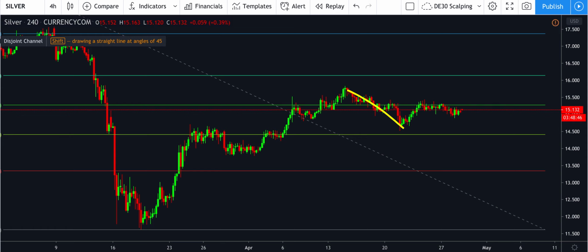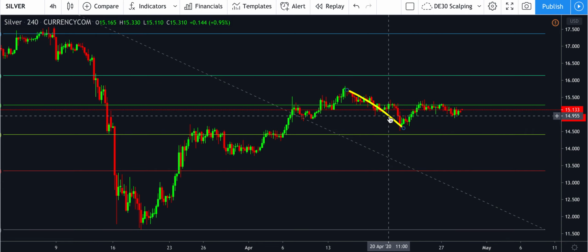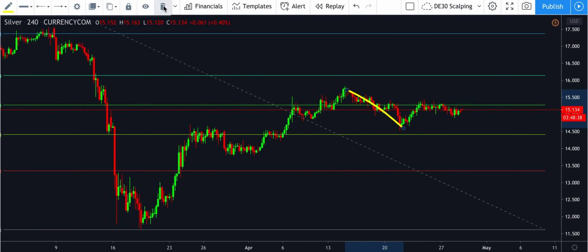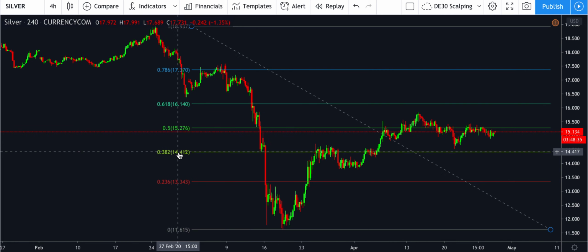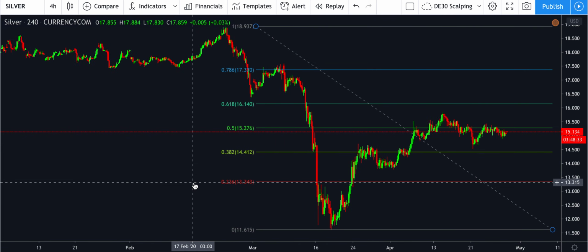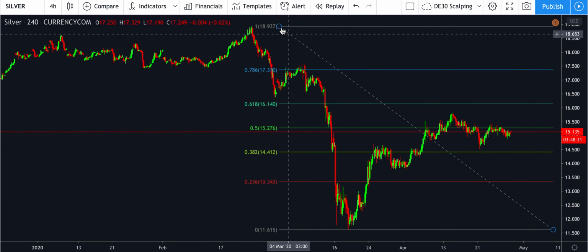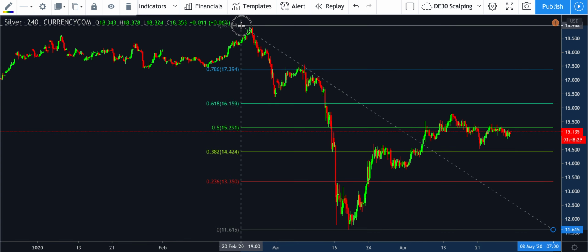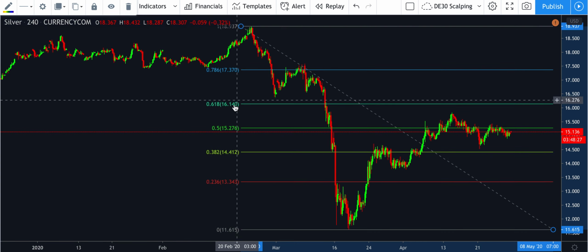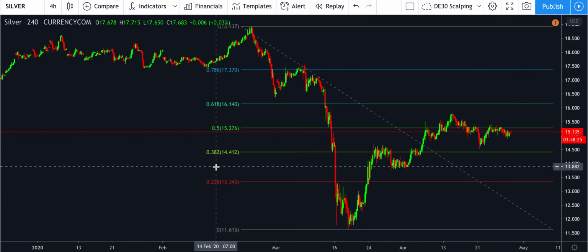The price is not uptrending yet, because we are at the 50%, and that means the correction is still in action. So don't rush and don't buy when things are still unclear. We're still in a corrective move.